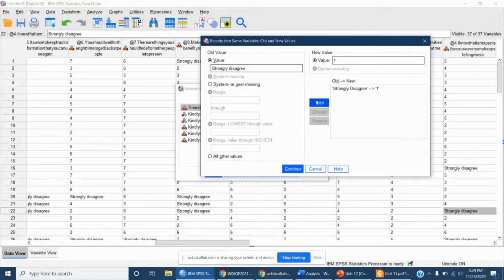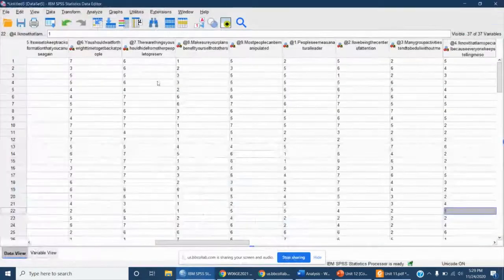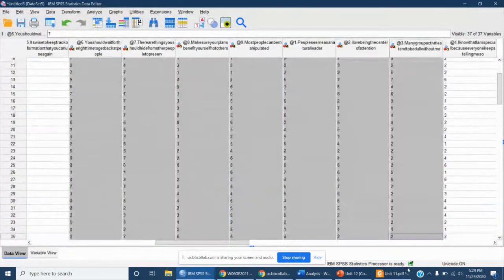So I will remove this. Now strongly disagree is here. I hope the changes are there. Yeah. Okay, so now my whole data is transformed.